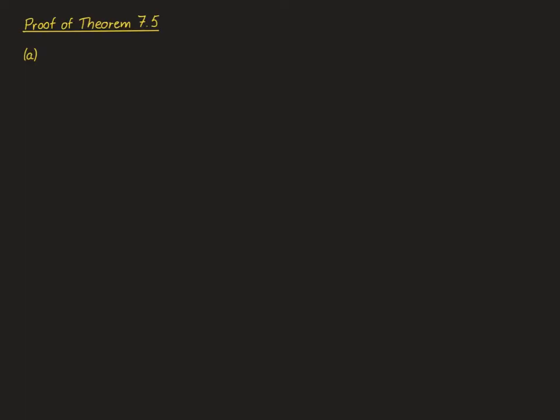For the proof of theorem 7.5, we start with part A, and we begin with the observation that the characteristic polynomial of A, chi A of s, is given by the determinant of sI minus A, according to lemma 7.4.